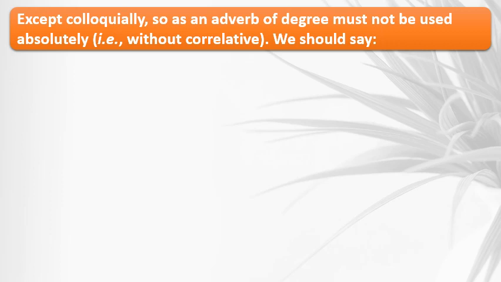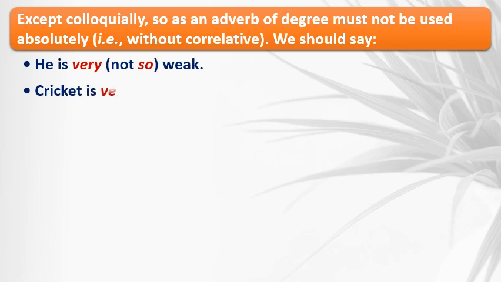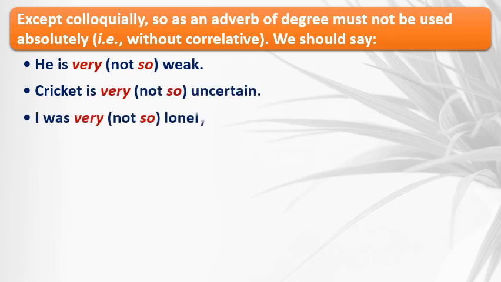To clarify it, let's see some examples. He is not so weak. So here is the correlation. Cricket is not so uncertain. I was not so lonely. So here we are getting the answer of how much. That is why the adverb of degree is not used absolutely, that is without a correlative.